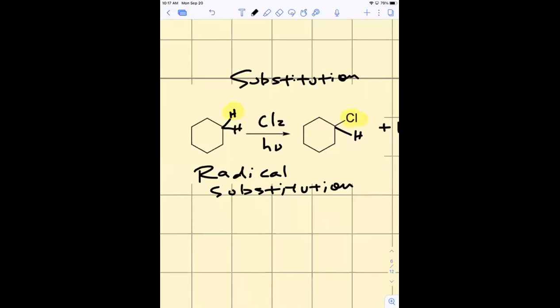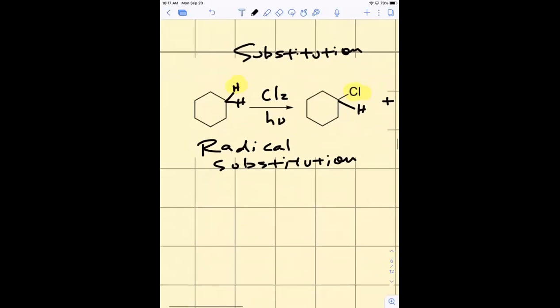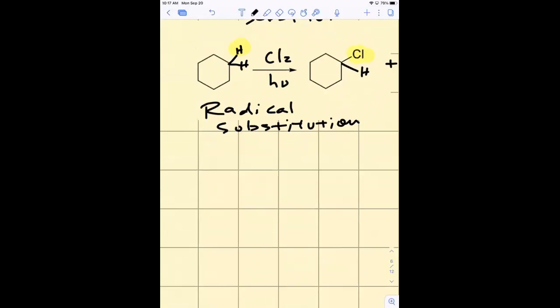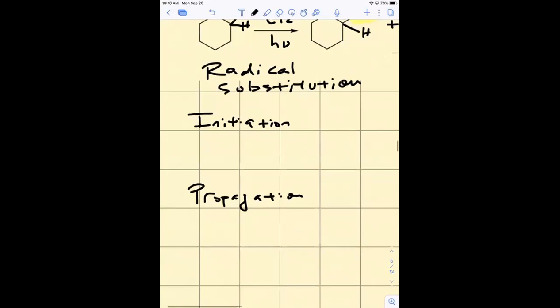The way this happens is literally in three steps, and I'm going to run through this because we're going to talk about it a lot later. It happens by first initiation, then propagation, then another final step, termination.